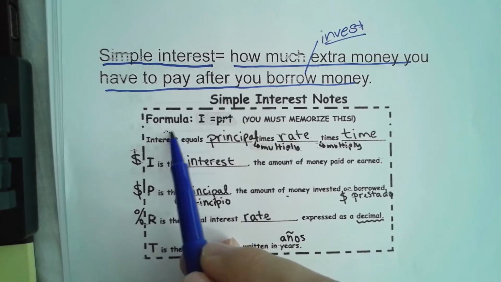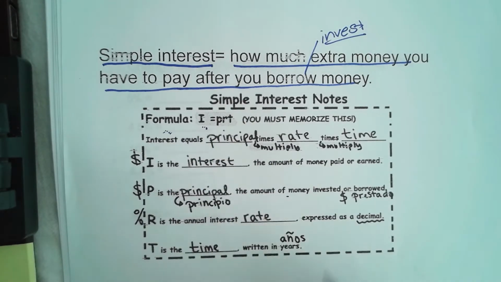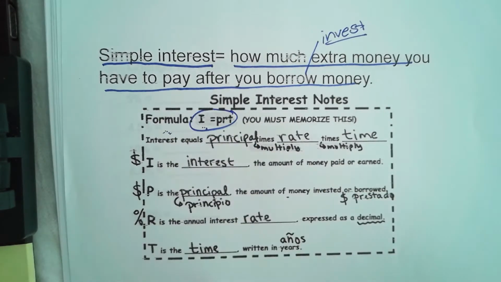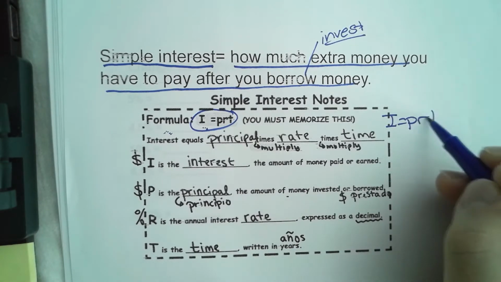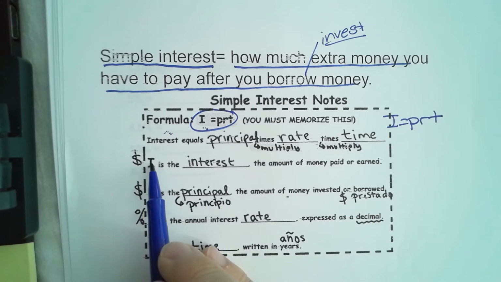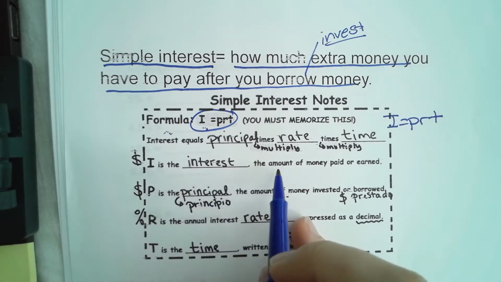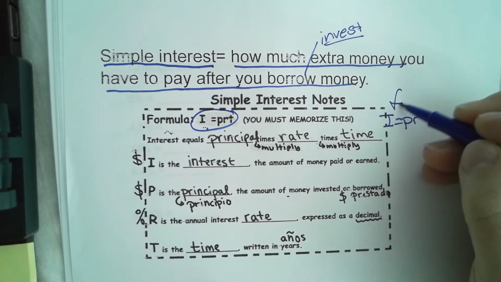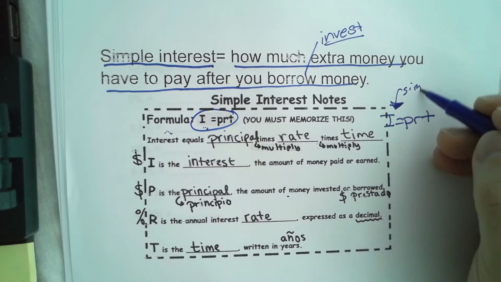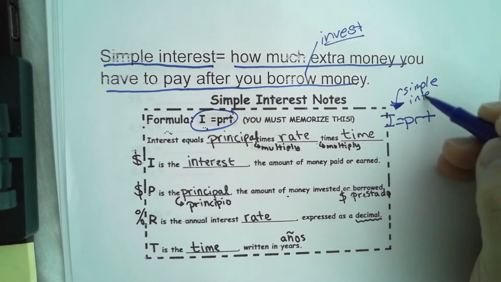You just need to remember this formula. You need to memorize this. I equals PRT. I is the interest, or the amount of money you paid or earned. So we are going to practice calculating simple interest.